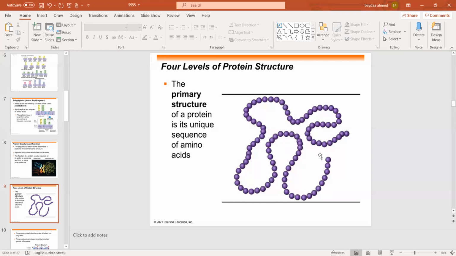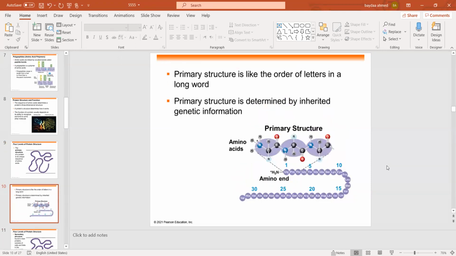The primary structure, in turn, dictates secondary structure. We have the alpha helix and beta pleated sheet, and tertiary structure, due to the chemical nature of the backbone and the side chain R groups of the amino acids along the polypeptides.